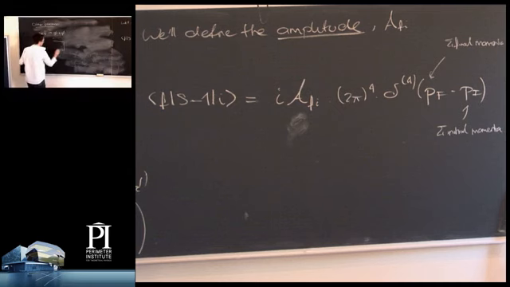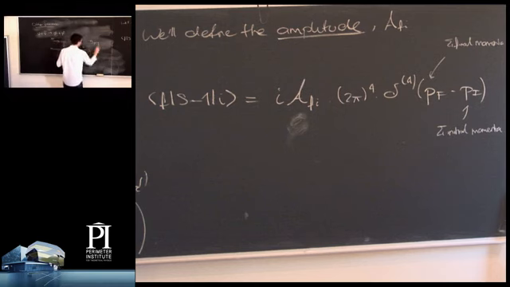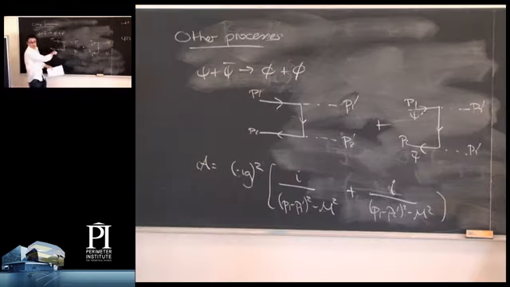What are the diagrams for that? Two diagrams. These are the mesons. These are the nucleons. This is the nucleon. This is the anti-nucleon, which you can tell because the arrows are going the opposite way. So this is psi, this is psi bar in both of these.